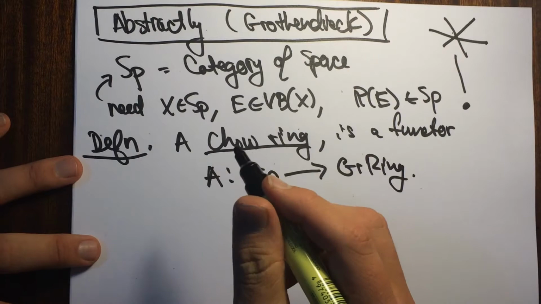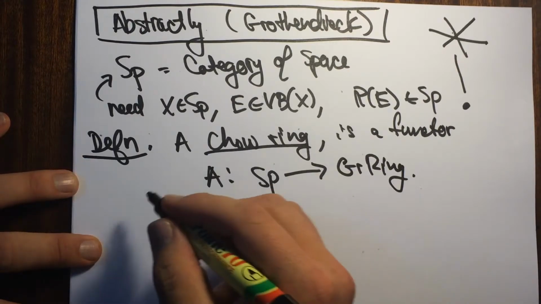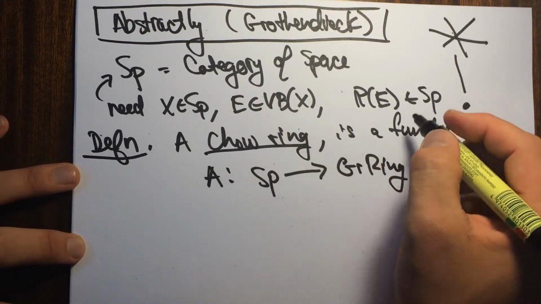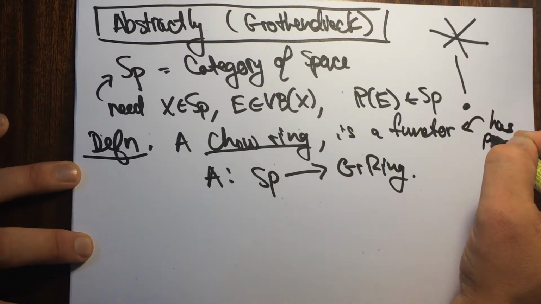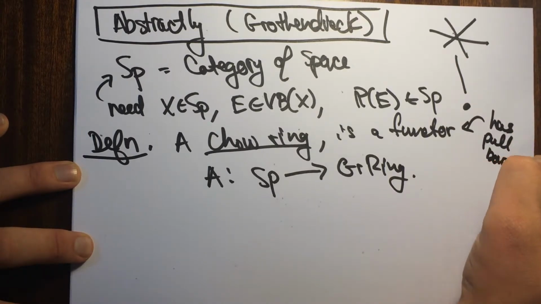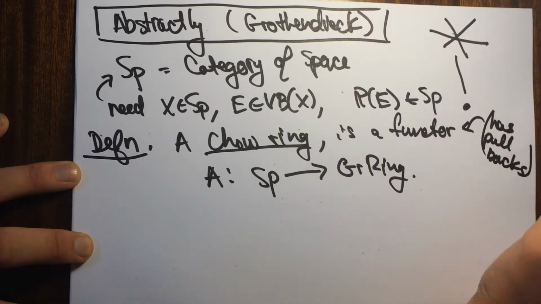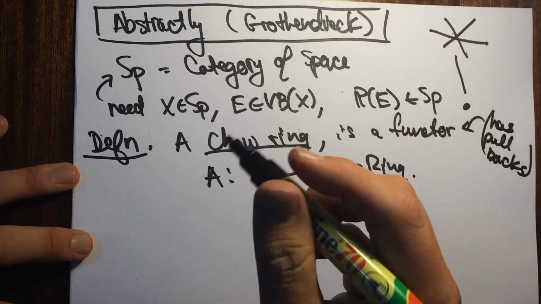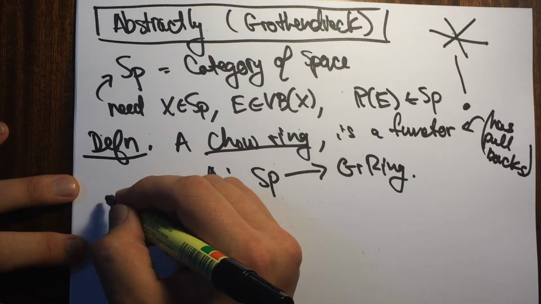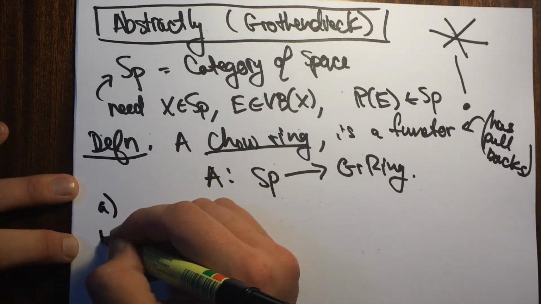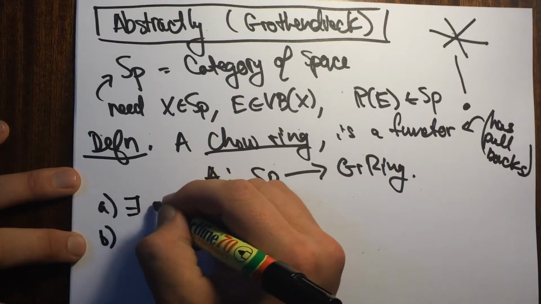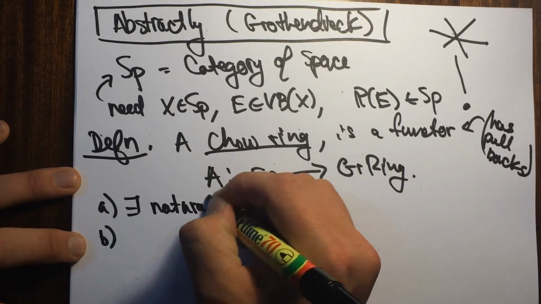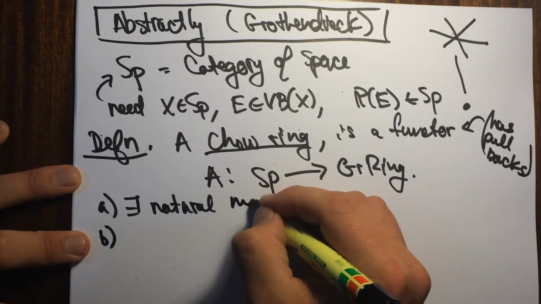It has the pullbacks, so it's a functor, and by functor this has pullbacks. And then there's this additional data of a natural map.